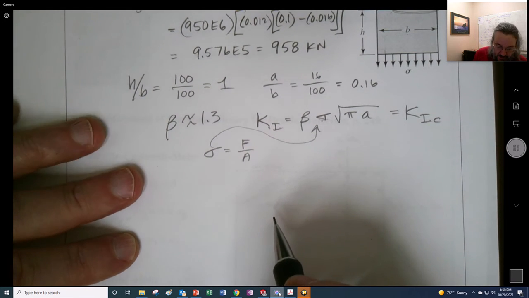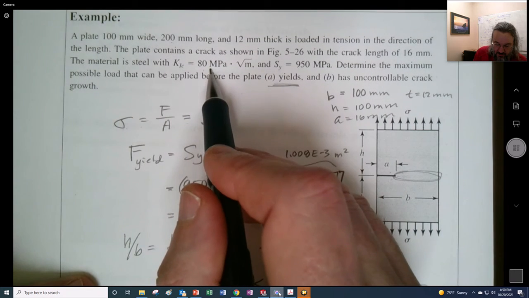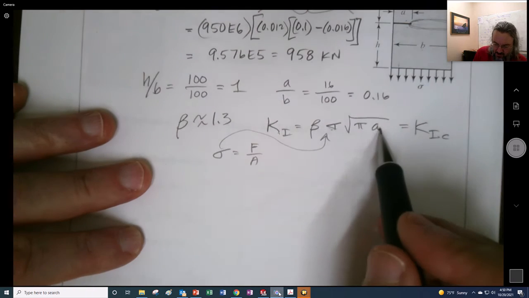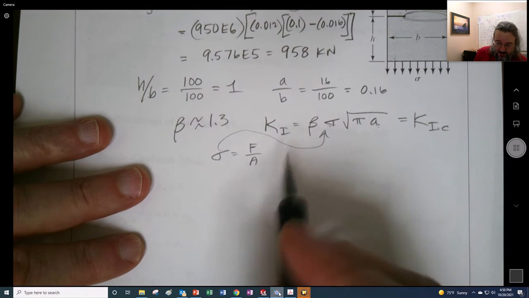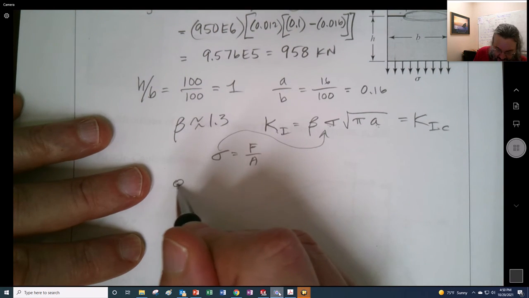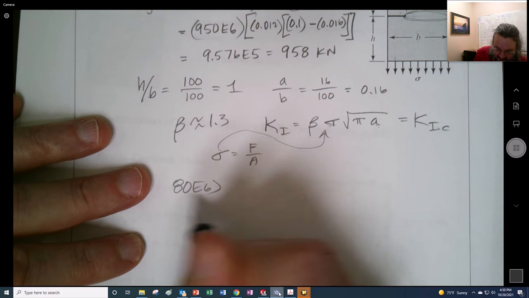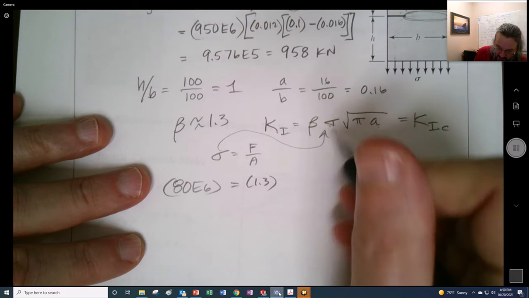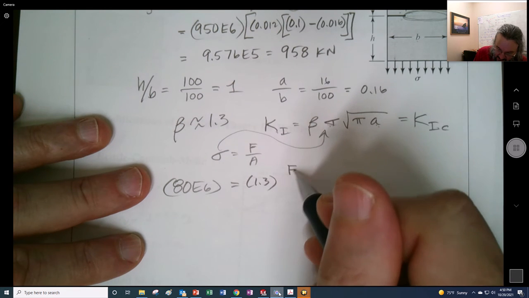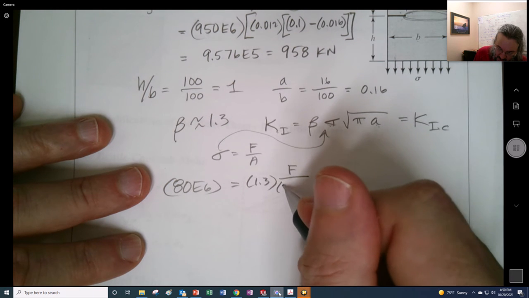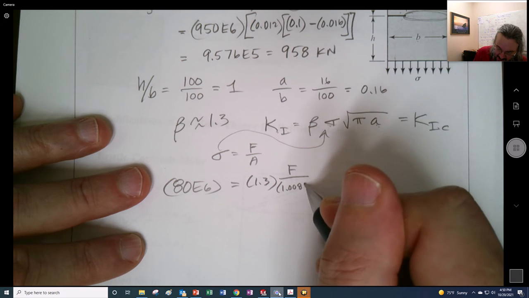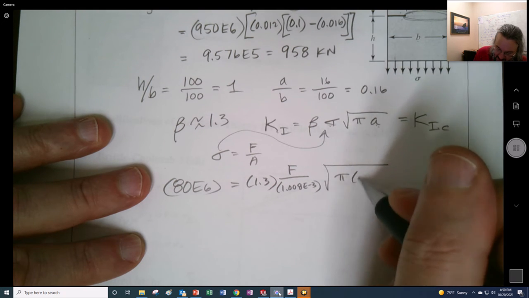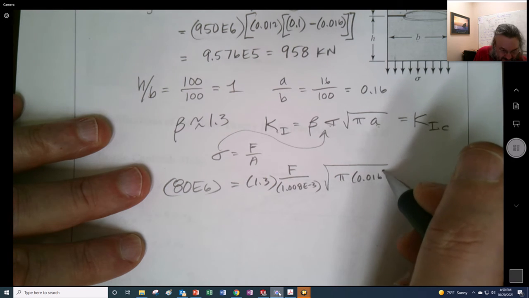Our units will be megapascal square root meters. We're going to be okay with this because we're going to use meters inside here. So I'm going to say 80 e to the 6 is going to be equal to beta of 1.3, and then we're going to have F over 1.008 e minus 3, square root of pi, and then 0.016.